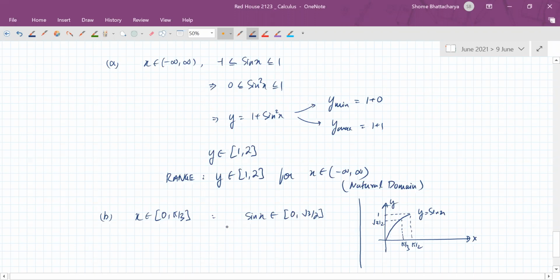So from this knowledge of trigonometry, sine square x is between 0 and 3 by 4 or 0.75. So we can see that y, which is 1 plus sine square x, has a minimum value of course 1 plus 0, which is 1, but the maximum value is 1 plus 3 by 4 or 7 by 4, or we can write that as 1.75.